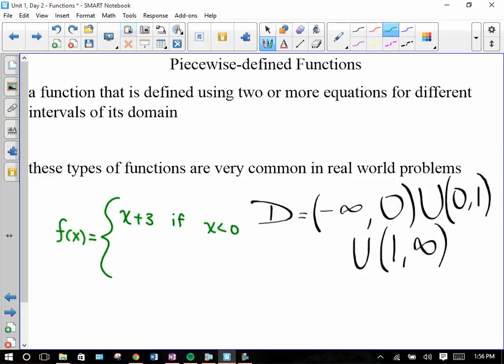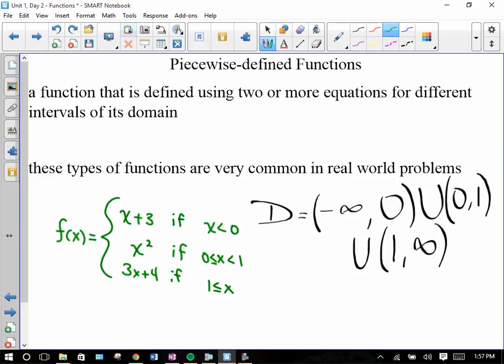Then it might say f of x is equal to x squared if x is greater than or equal to 0 but less than 1. And then it might say it's equal to 3x plus 4 if x is greater than or equal to 1. Alright?